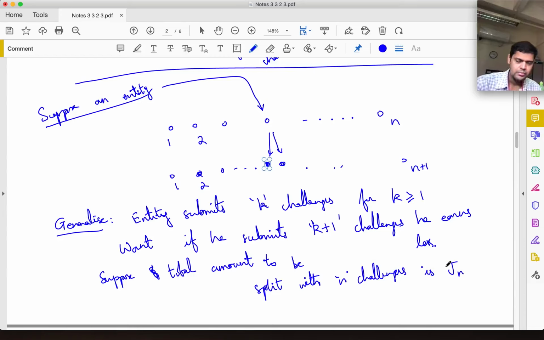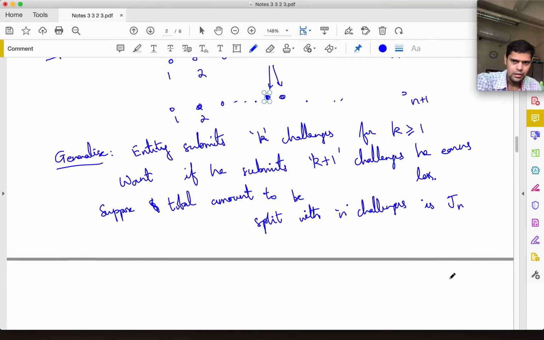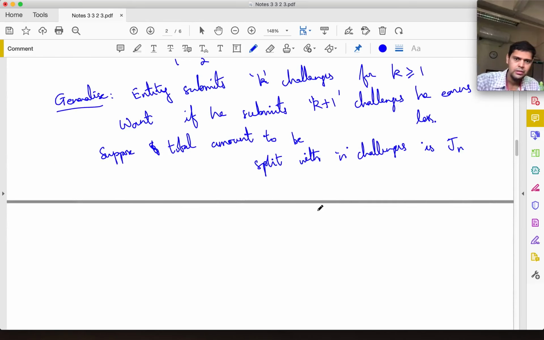Okay, so previously we were saying there is some total amount J which we are dividing among the n. Now let's make that a function of n, and we are going to call it Jn. Okay, and you can imagine that we are going to reduce this Jn drastically as n increases, in order to dissuade somebody from submitting his challenge multiple times. Okay, but what should this be?